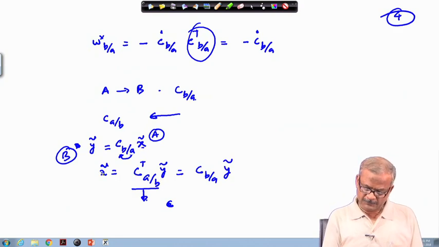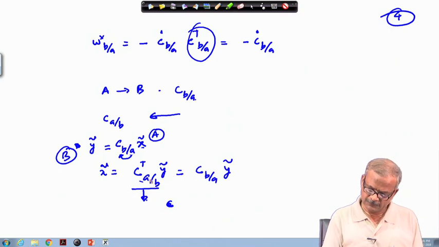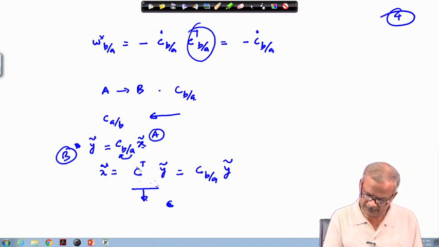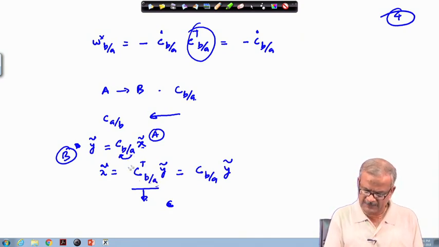Now, if we write it this way, multiplying on both sides, here also we need to do the correction. This notational problem we have to keep track of. So, this will be B slash A transpose.